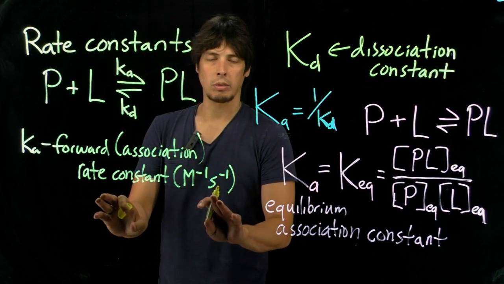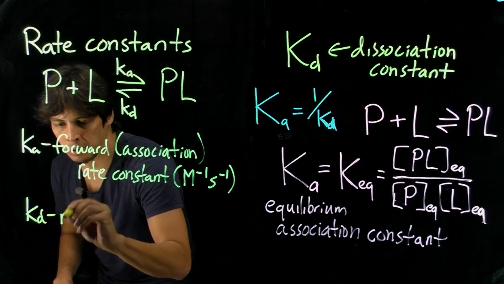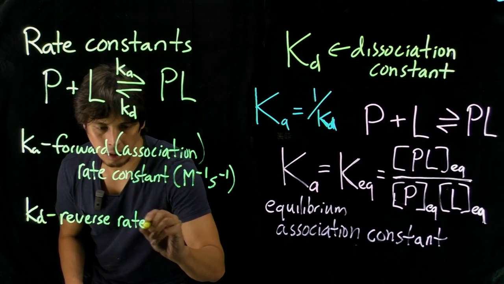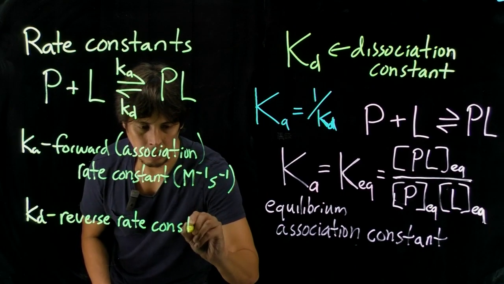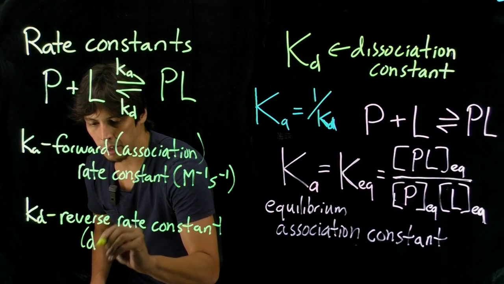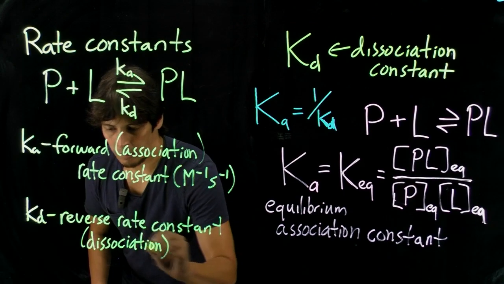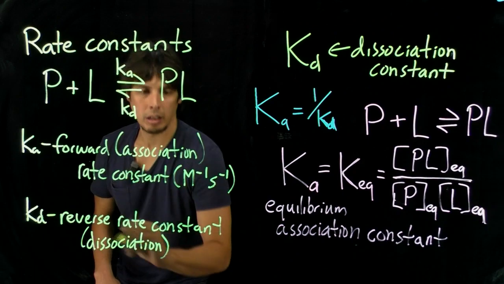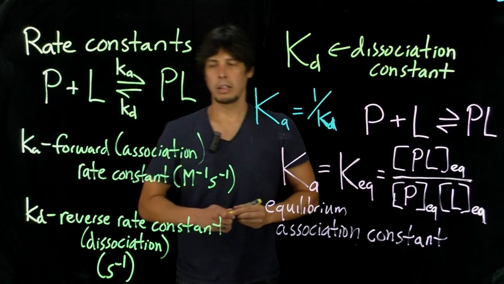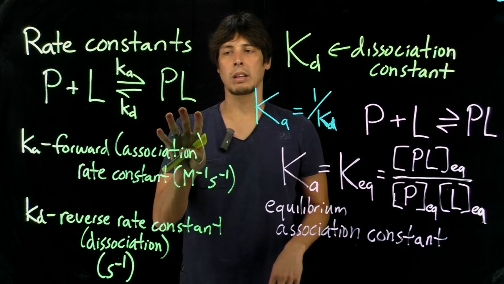So the rate constant for this is going to have units of per molar per second, whereas the rate constant for little kd, or the reverse rate constant, or we can also call this the dissociation rate constant, has units of per second. Okay? And that's, again, because on the product side we have two molecules, whereas on the reactant side we only have one.